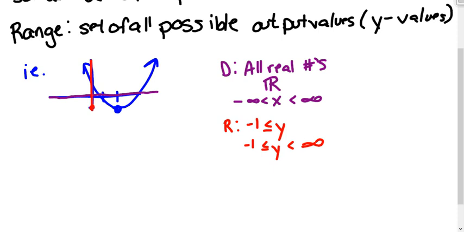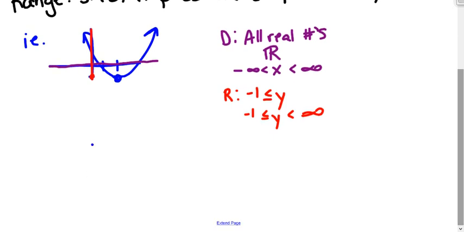Okay, second example. For this one, we're going to put a few tick marks on here. Okay, so we have a point at -2, 1. We have a point at 0, 3.